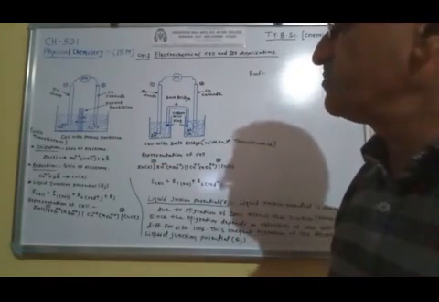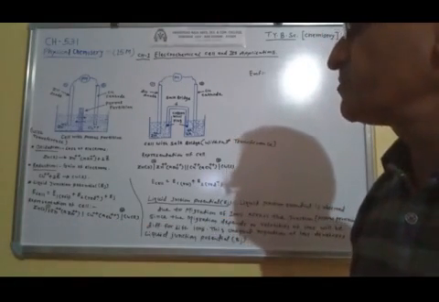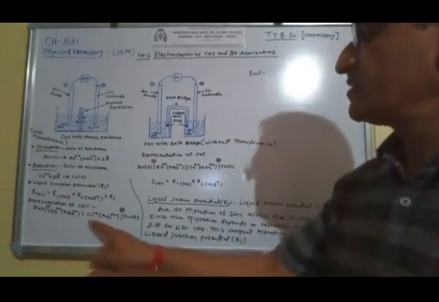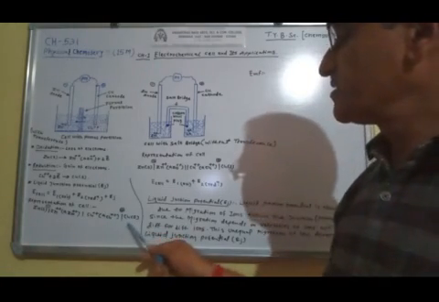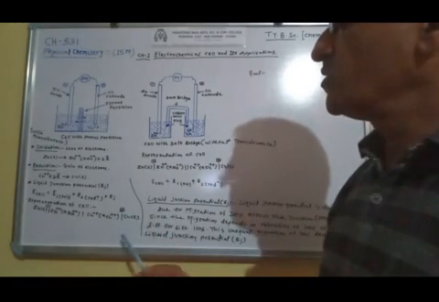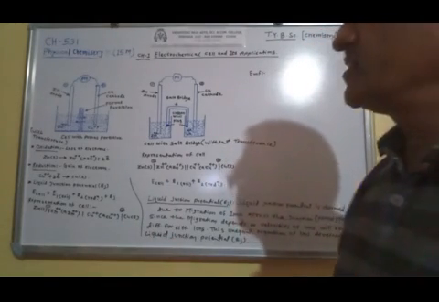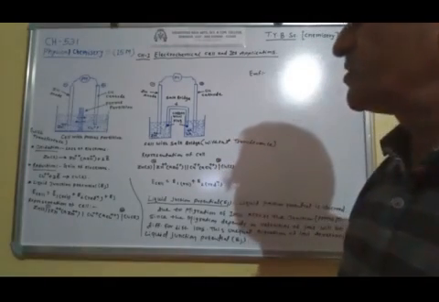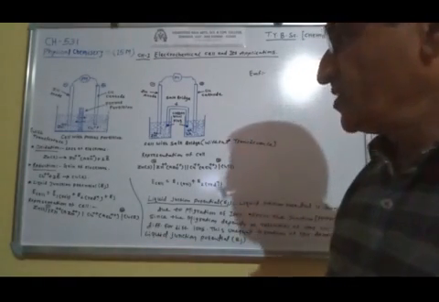The cell can be represented as Zn solid, Zn++, activity of Zn++, copper plus, activity of copper plus, copper solid. The negative sign is given to the left hand electrode, and the positive charge to the right hand side.